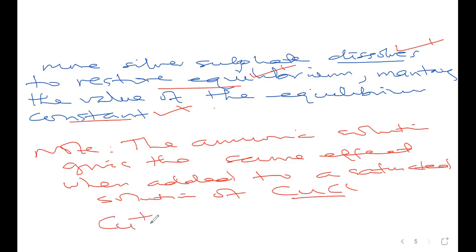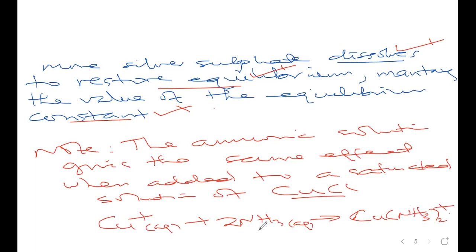In that case, the copper 1 ions react with the ammonia molecules to form the diamine copper 1 ion. So if they ask you the effect of adding ammonia solution to a sparingly soluble electrolyte, which is in this case copper 1 chloride, as long as the solution is saturated, you'll have to say solubility increases and explain accordingly.